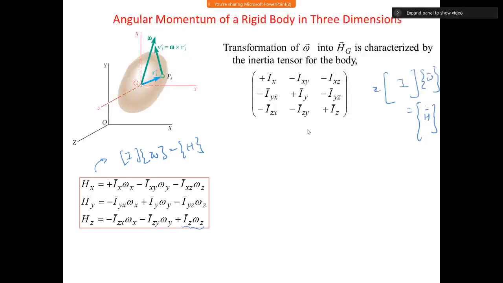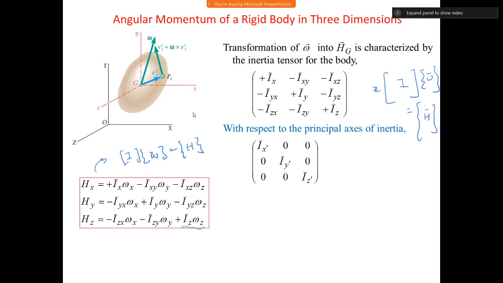Now suppose we choose the axes as the principal axes of inertia, which we just now studied.